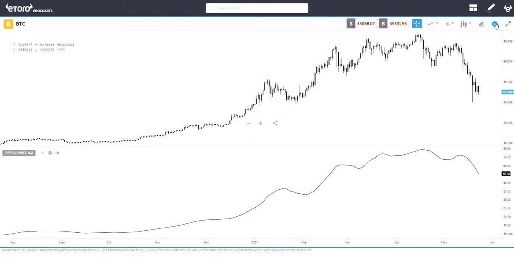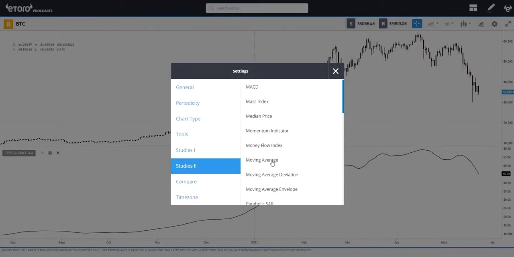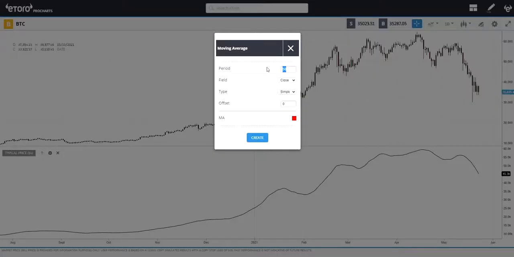I'm going to add another moving average to this chart. I'm going to change the period to 14, and we can apply this to the field which has the results of the typical price. Okay, create.